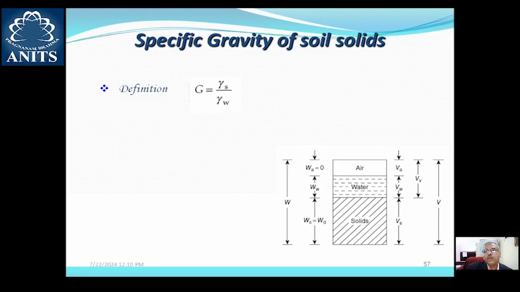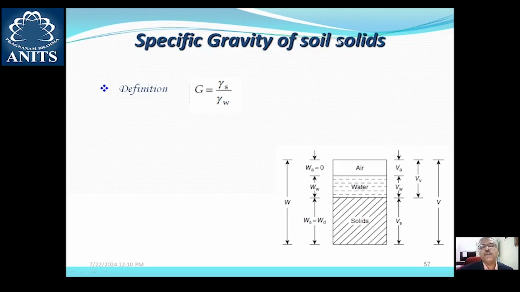Now coming to the last set of physical properties, which are the specific gravities. In physics you have read them as relative density, but relative density is a term reserved for some other physical property in geotechnical engineering. Here, all specific gravities are in terms of the ratio of unit weight of material to the unit weight of water.